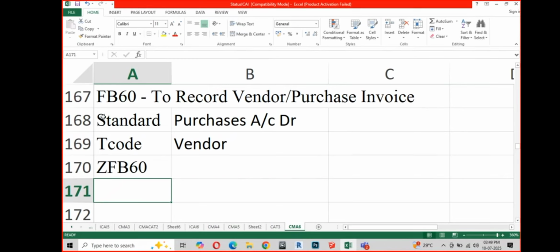I can have this in BEML or in SAIL or in BEL or in ITI or in HAL or in HMT, whatever. It all depends on whether I want a change in the transaction codes. So simple. I can have standard T codes or customized transaction codes also. So what is the difference between the standard and the customized? This also is to record, it is for the same purpose.